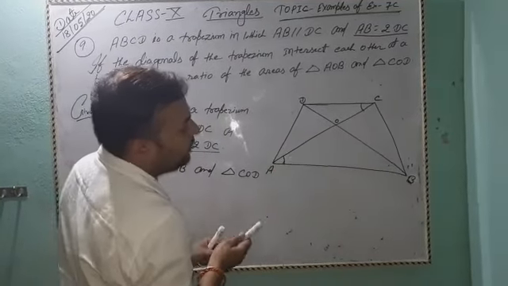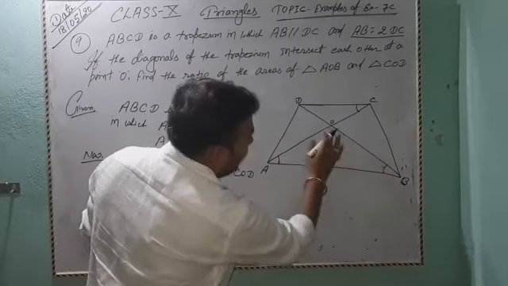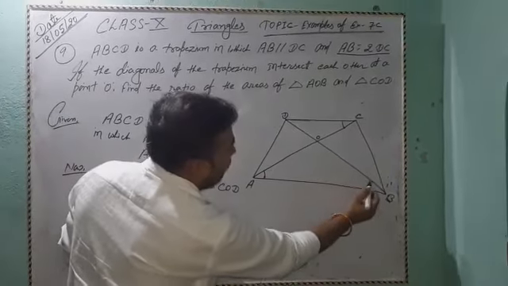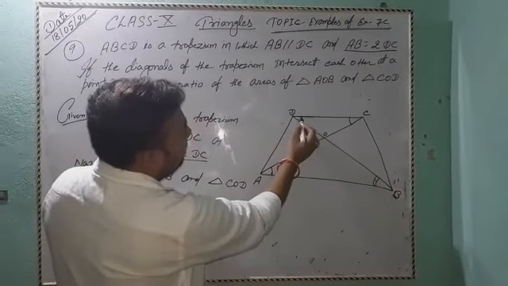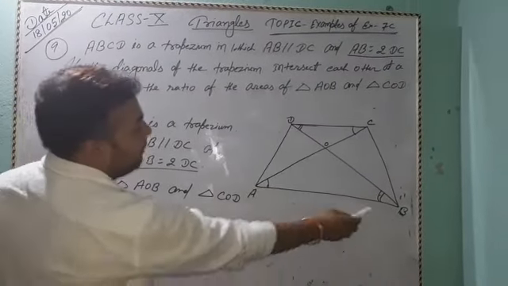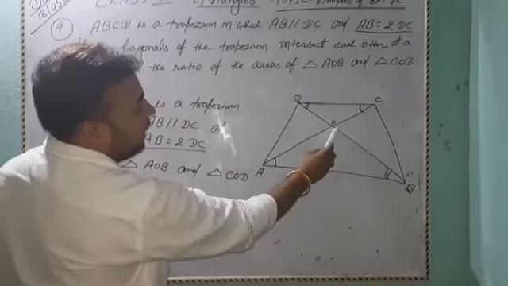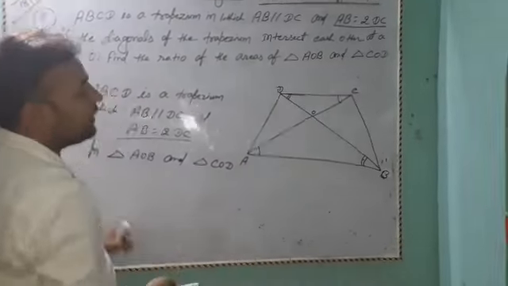Then we write angle ABO is equal to angle ODC. Okay, angle ABO and angle ODC are the alternate interior angles.